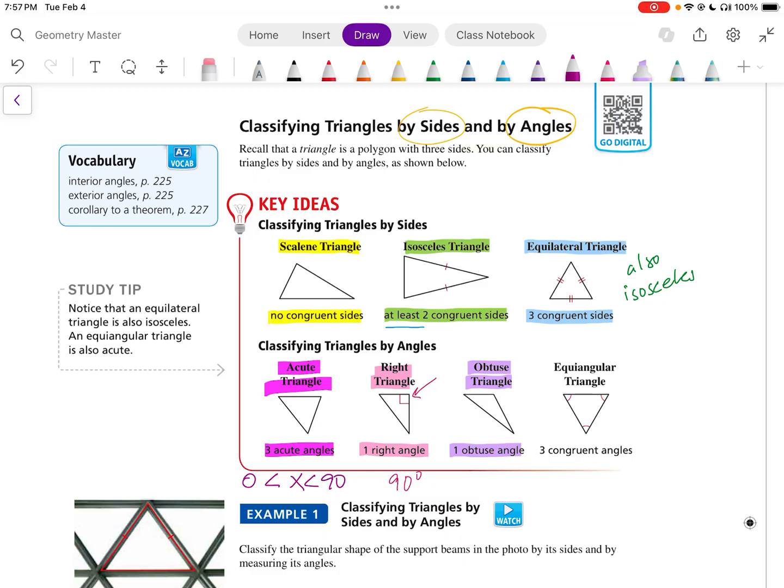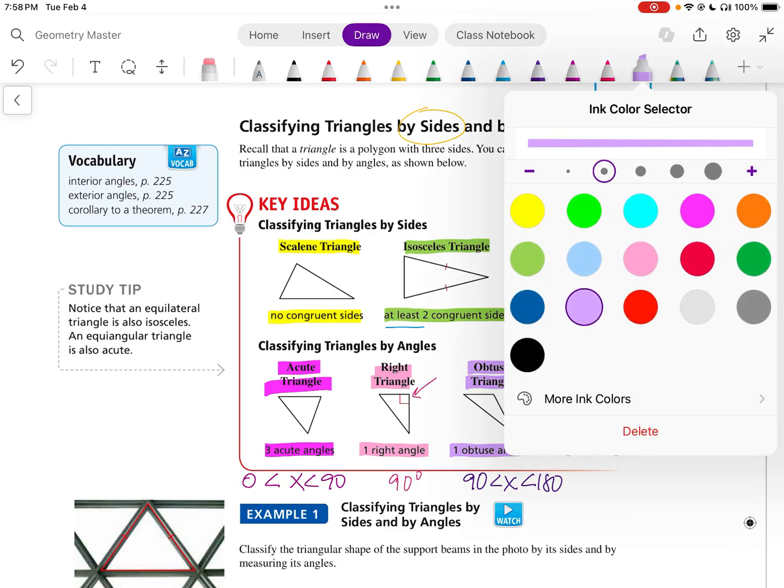If you had more than one angle that was more than 90 degrees, then you wouldn't have a triangle anymore, because the sum would be greater than 180. So an obtuse angle is greater than 90 but less than 180, and that's an obtuse triangle.